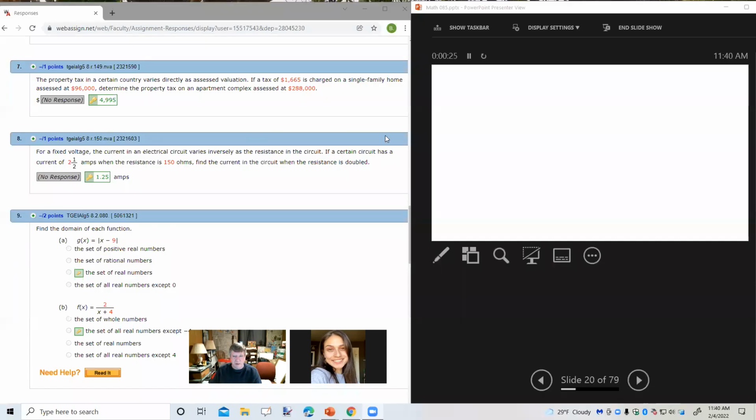I don't like to use the double screen unless I have to because it's not as easy to work with, but I think it'll be better for you to be able to see the problems. You said 7 and 8, right? Yeah. So now can you see the WebAssign screen? Yes. Okay, excellent.